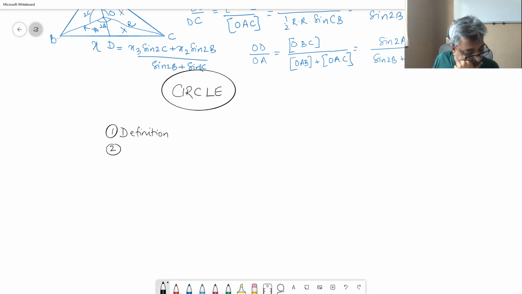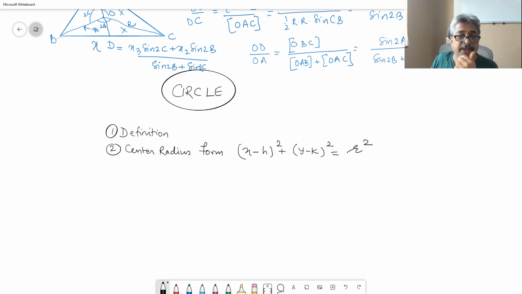Second thing that we know is center radius form. (x minus h) square plus (y minus k) square is equal to r square, where h and k are coordinates of center, and r is the radius.